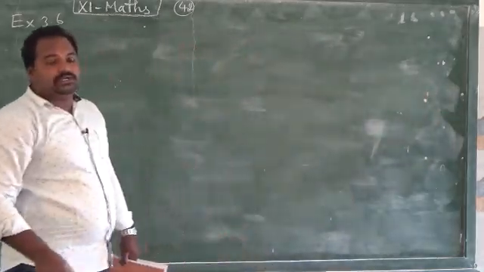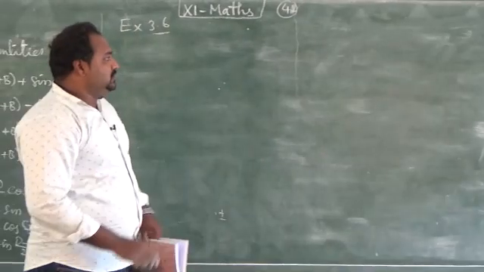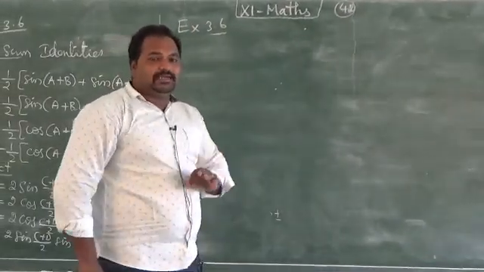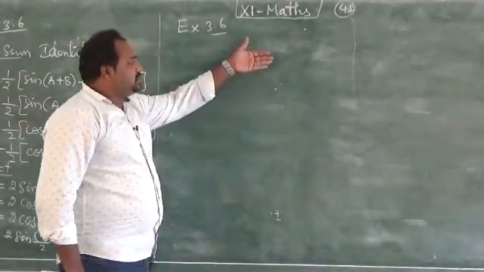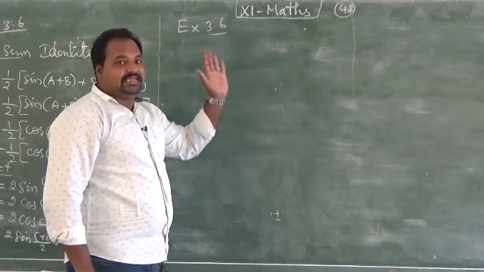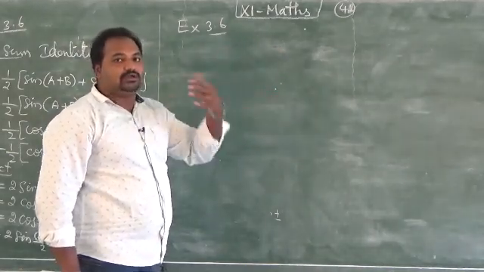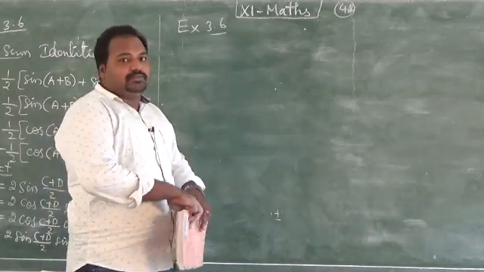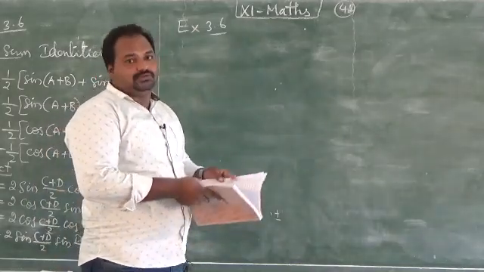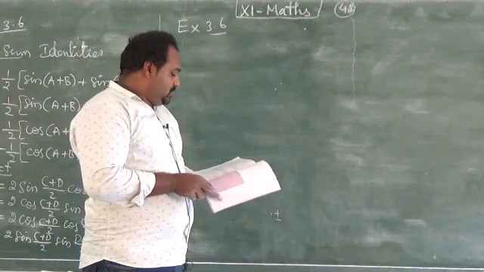Otherwise, it is not easy to solve. So you need practice in identities, and then the steps, how we can change the orders, what identities we are using, all those things you have to keep remembering. Otherwise, it won't be easy to solve in the examination.